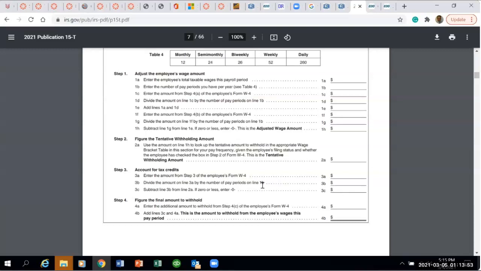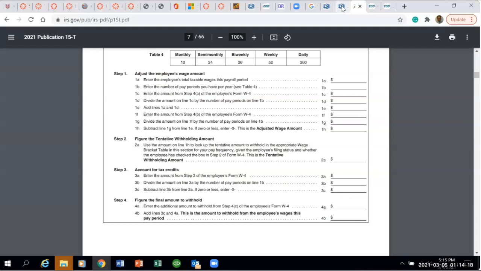Because you have a $2,000 credit divided by 52 weeks that you get paid every time. So it ends up to be about a $38 credit every week. So instead of $88, they will just withhold $49.53, which is very good.